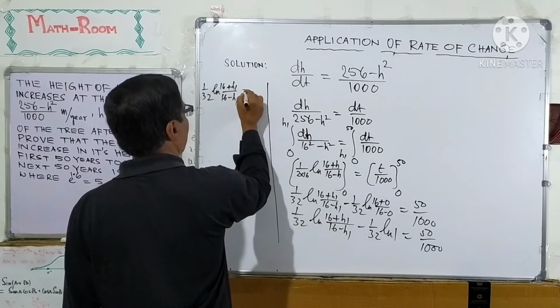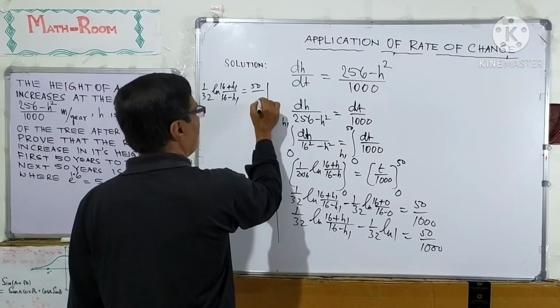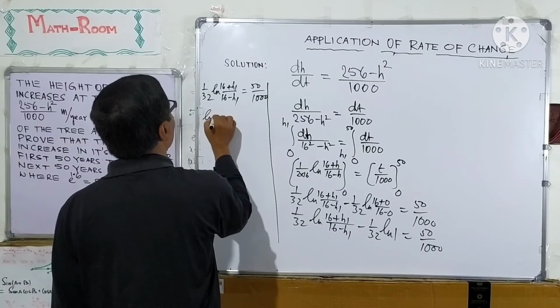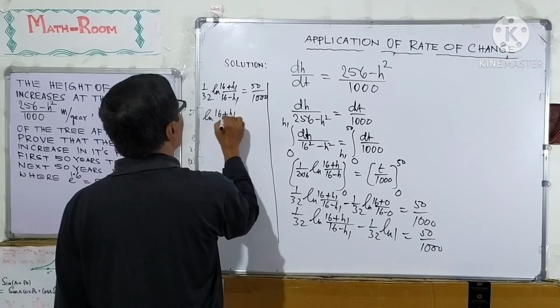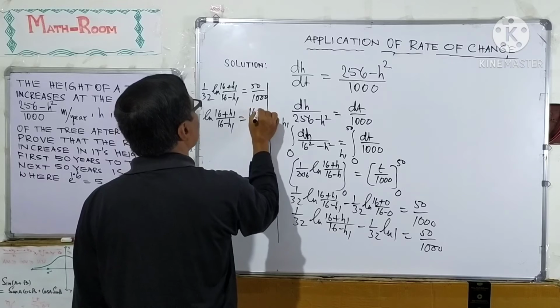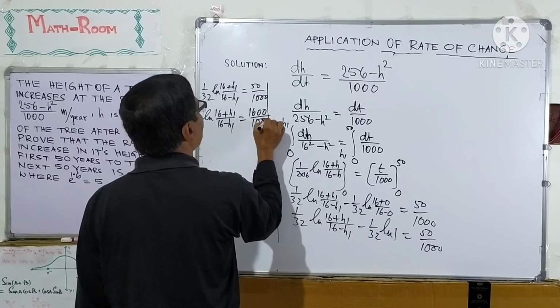So (16 plus h1) over (16 minus h1) equals 1600 over 1000.